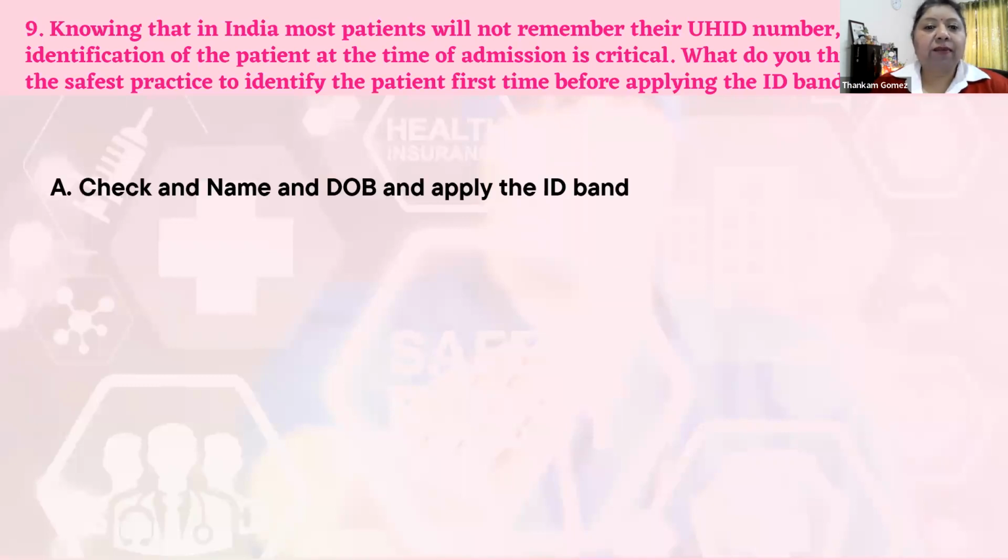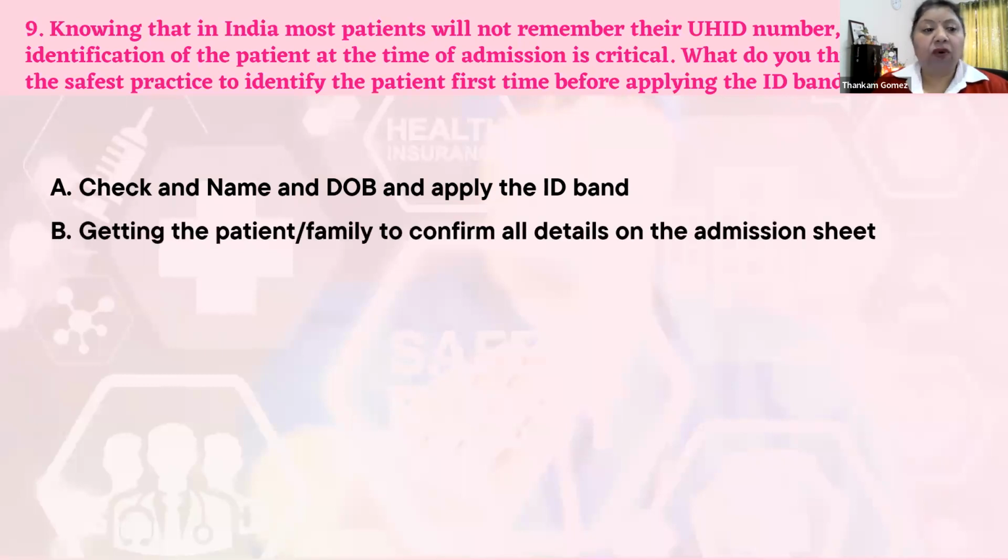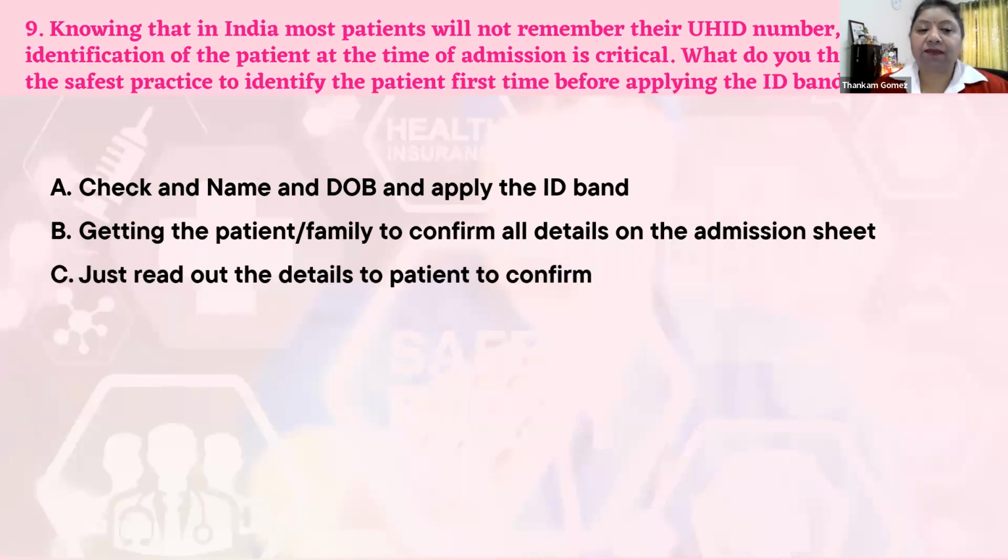And once the wrong ID band goes in, anything can go wrong with that patient. So, how do you check the initial identification at the time of admission? Check name and date of birth and apply the ID band. So, is that okay?